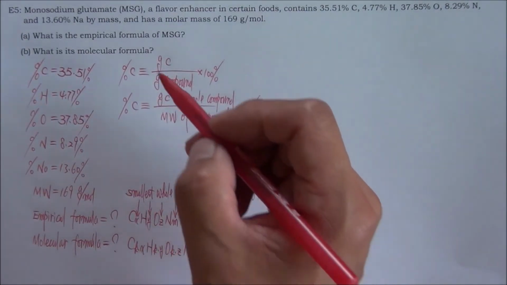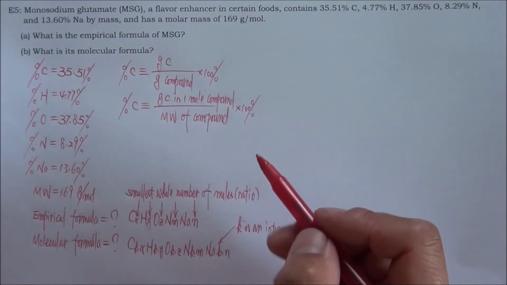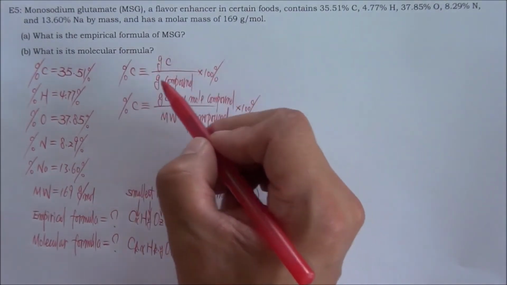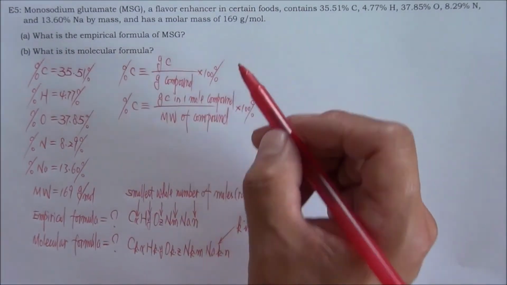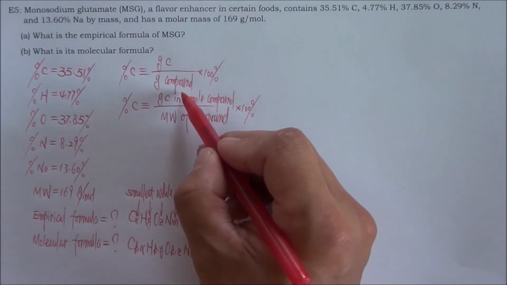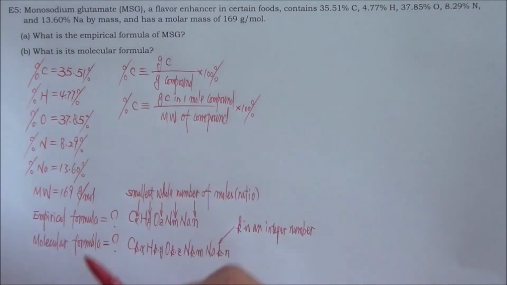There are two definitions of the percentage of mass of carbon. The first definition is the gram of carbon in the compound divided by the gram of the compound, multiplied by 100%. The second definition is the gram of carbon in 1 mole of the compound, divided by the molecular weight of the compound.